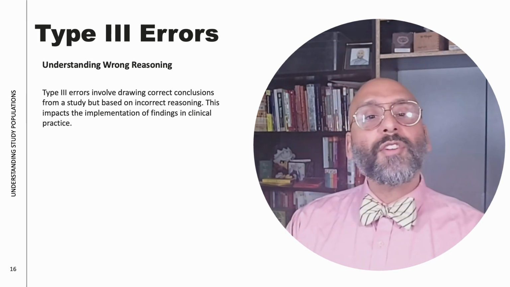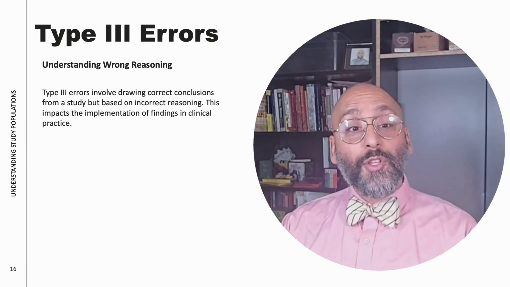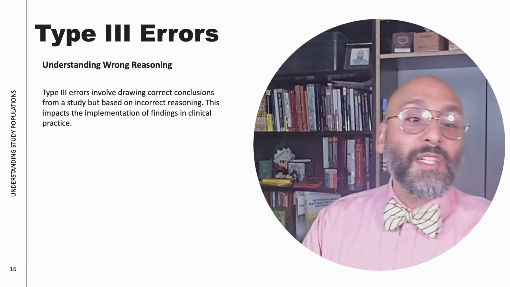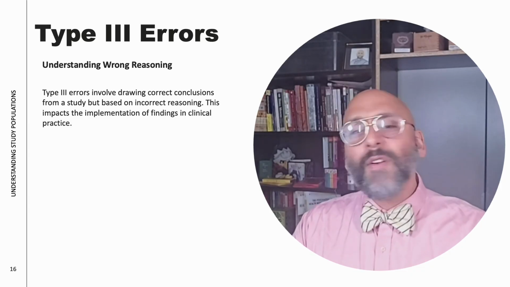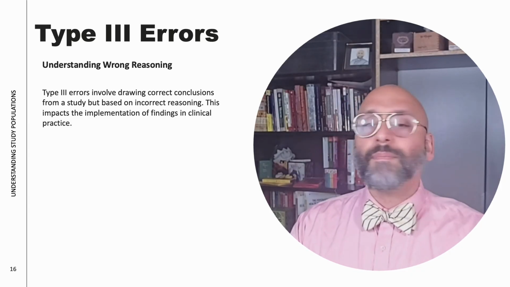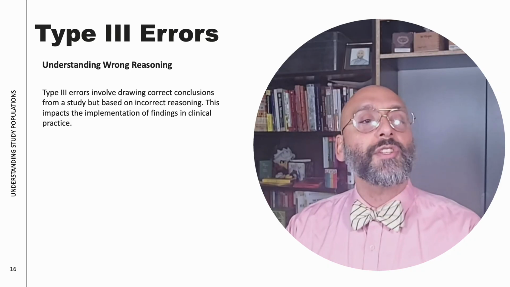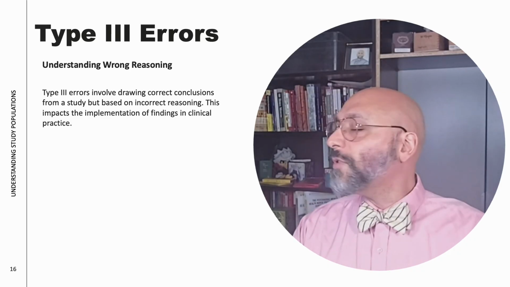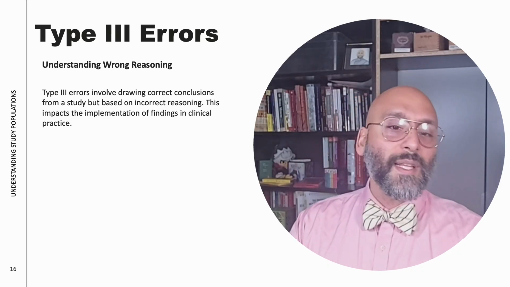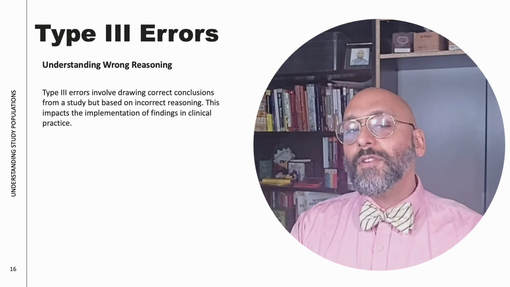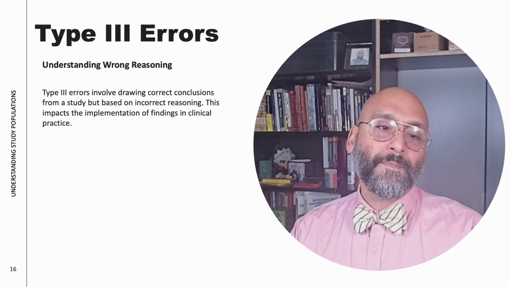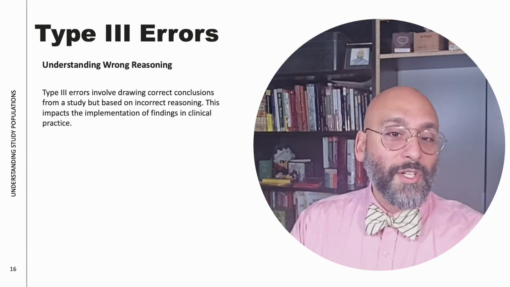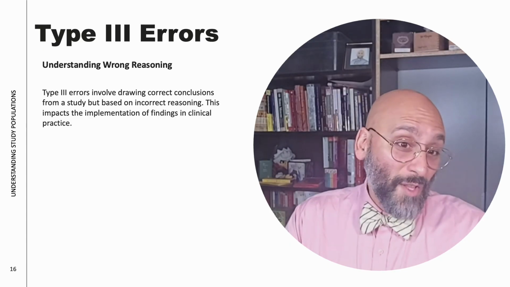So type 3 errors are especially relevant today also because in the age of artificial intelligence and large language models, AI systems are very good at producing coherent, confident-sounding explanations. They summarize and generalize and connect ideas fluently, even when the underlying logic is flawed or oversimplified. Because the output is only as good as the prompt, and it wants to agree with you.